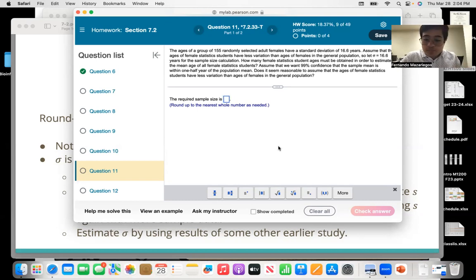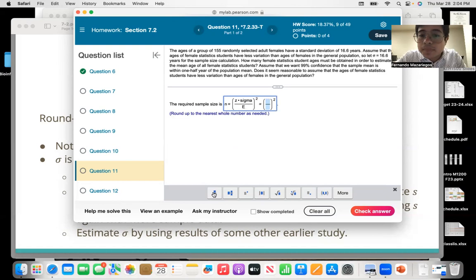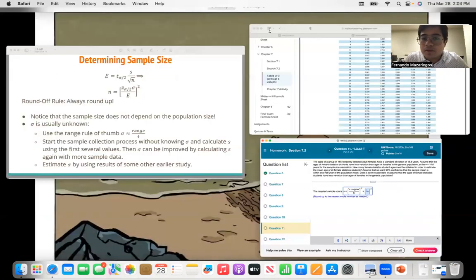Well, we use our formula. We know that n equals the square of our critical value times the standard deviation over the margin of error. So that is our critical value for a 99% confidence interval.